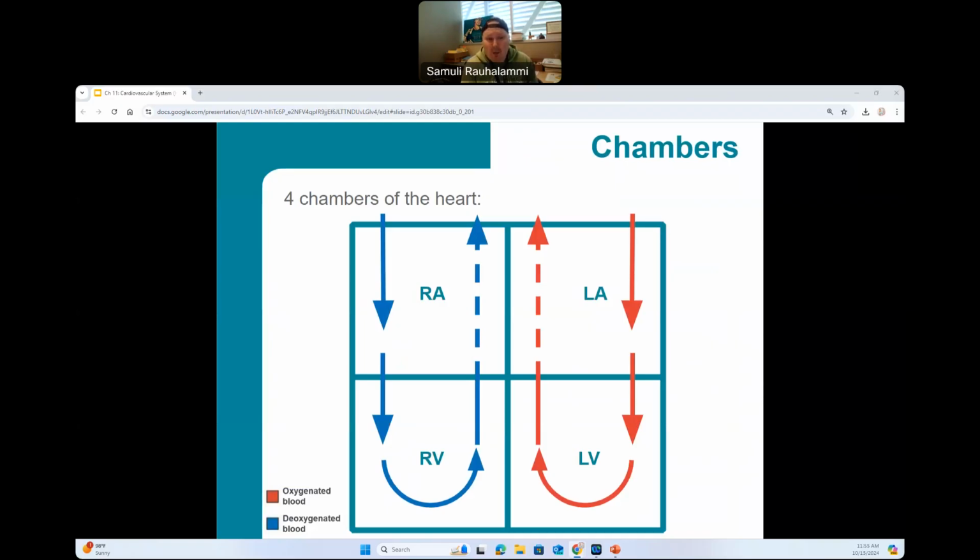So the blood gets squashed out of the right ventricle and it now goes to the pulmonary trunk. On this diagram, I've drawn that part kind of as a dotted line because it really doesn't return back to the right atria, and the pulmonary trunk kind of rests on top of the right atria. So just to simplify the diagram, keep that in mind.